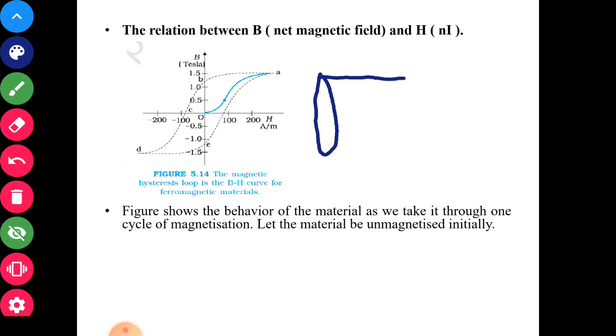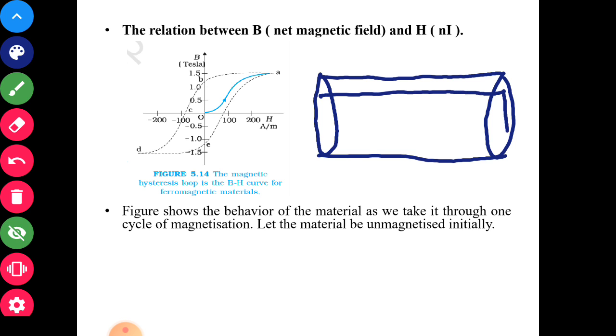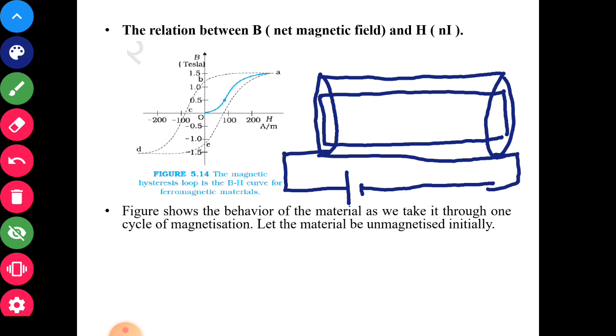You have a solenoid. Inside the solenoid you are placing this material which is initially unmagnetized. The current is passed through the solenoid and you are increasing the current.